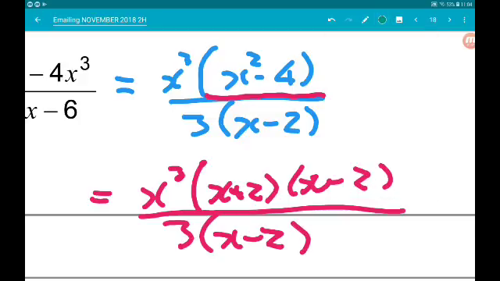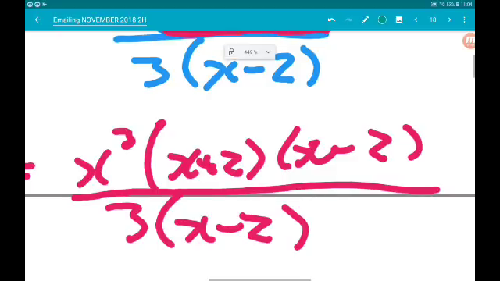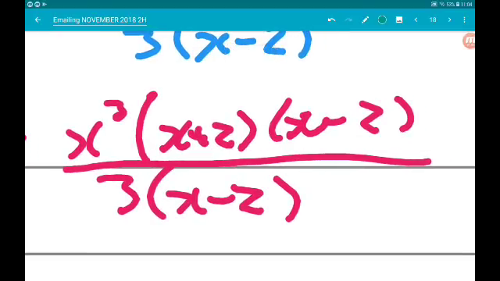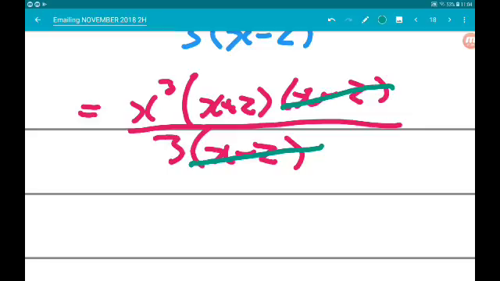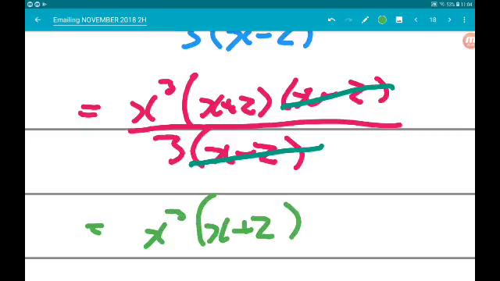And there's a common factor then between the top and the bottom of x minus 2. So we get left with x cubed times x add 2 all over 3.